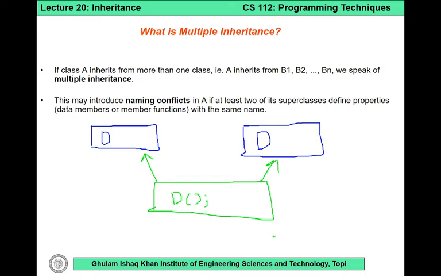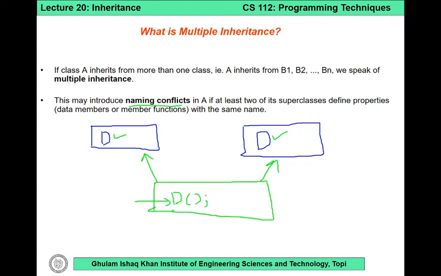The compiler will first search for this d function within this child class, but obviously it will not get it. Then it goes to each and every parent class of this child class to search for this particular function, right? In this case, it will find this d function in one of the parents and in another parent as well. Now this is what makes a naming conflict occur, right?